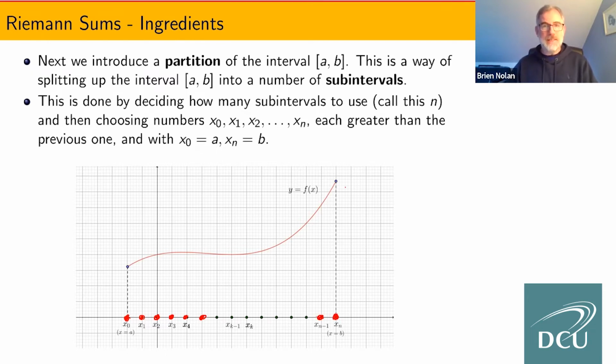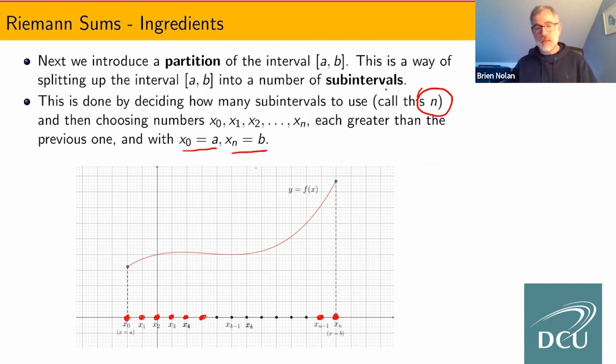In this case, I've tried to represent the general idea of using n subintervals. Obviously, there is an actual number of subintervals there. You can count the dots, see how many. But in general, we talk about having n subintervals. n can be any number. So we choose those numbers, x0, x1, x2, and so on up to xn. The first one, x0, is a, the last one, xn, is b, and that gives us a partition.